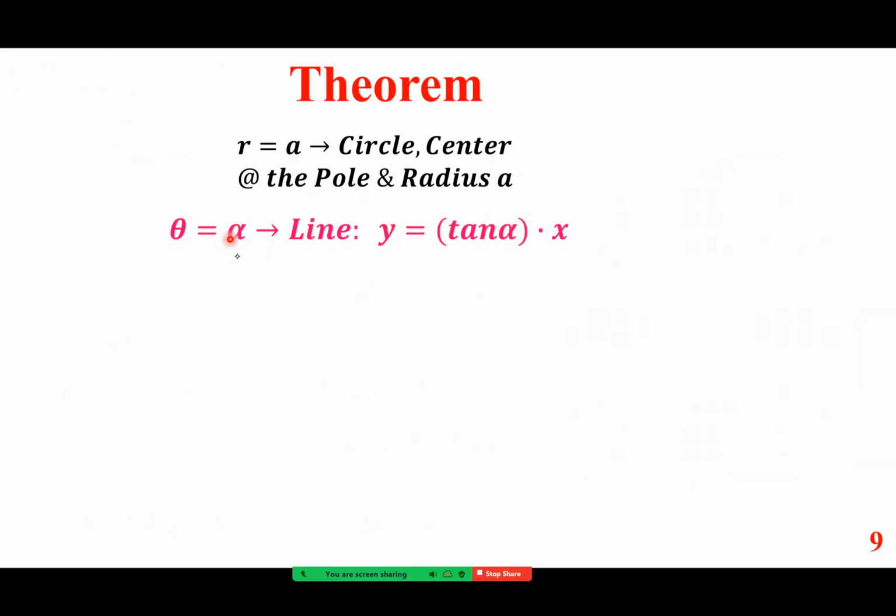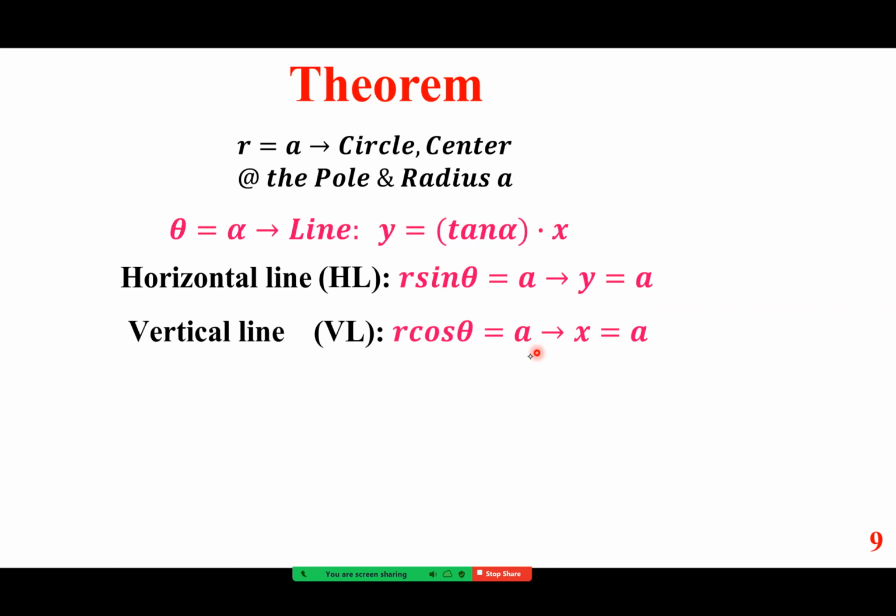If theta equals some number, theta equals alpha, we have y equals tan of alpha times x, which is a line through the origin or the pole. If we have r sine theta equals a constant, that ends up being a horizontal line. If r cosine theta is a, that ends up being a vertical line. So in this case, y equals a, in this case, x equals a.